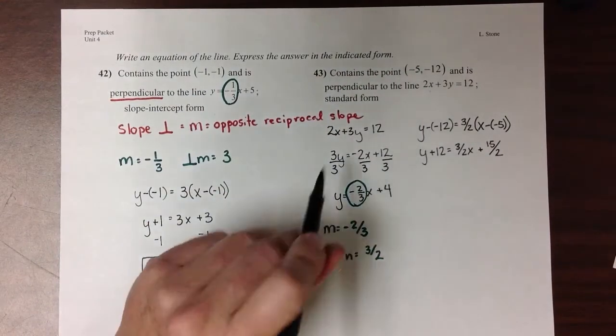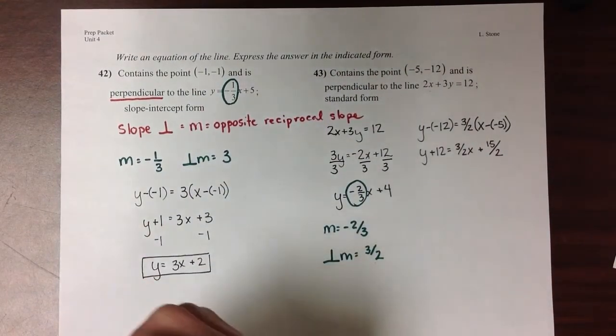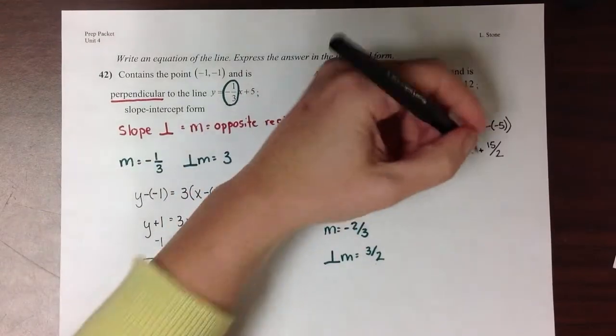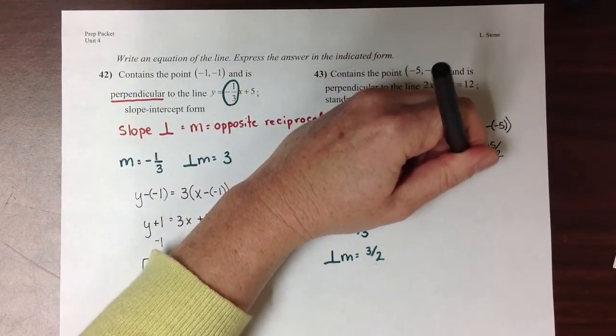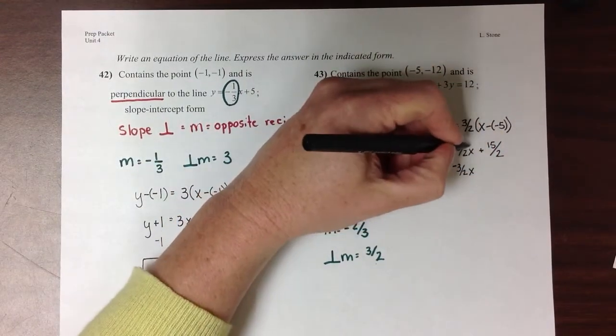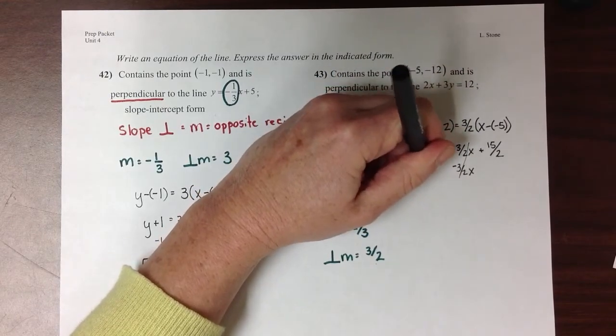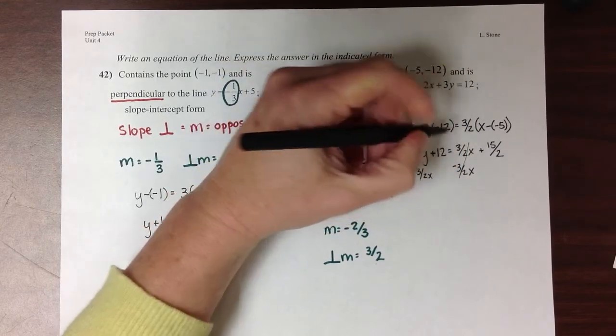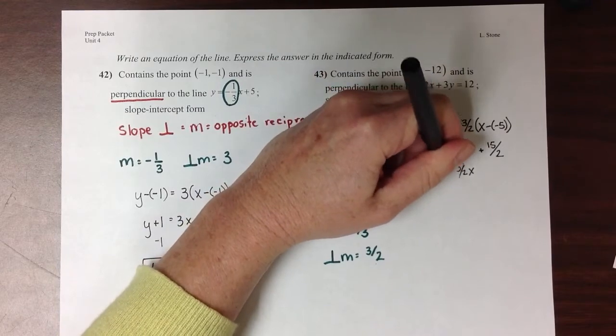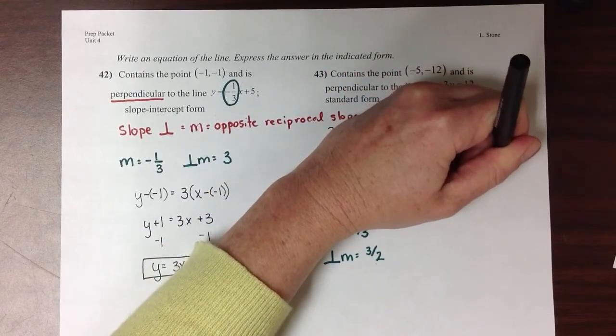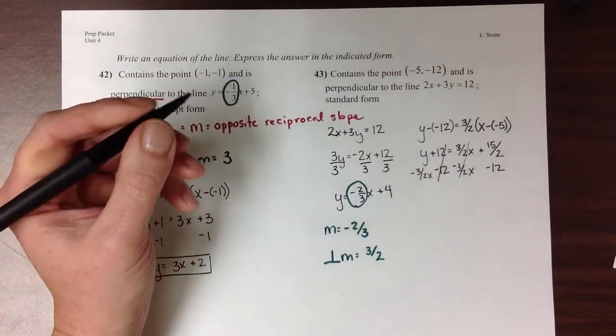15/2. Now they've asked for the final form to be standard. In order to get that, I need to take the 3/2 x over to the left and the plus 12 by subtracting 12 over to the right.